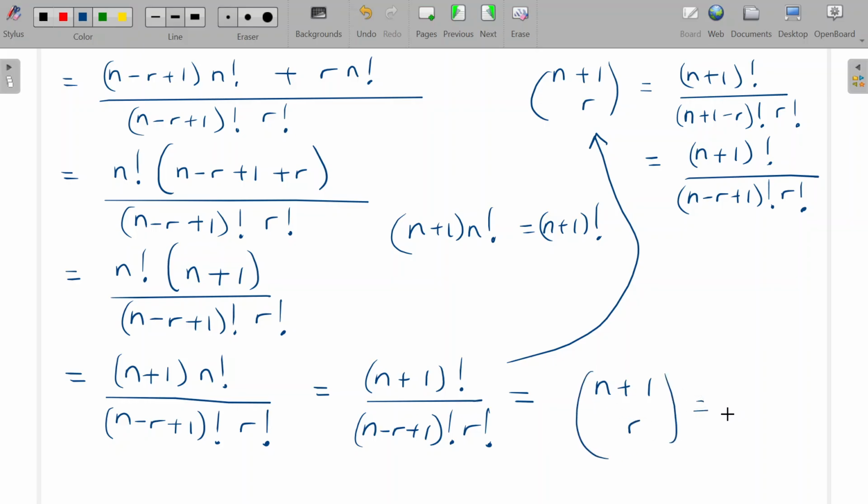And it is equivalent to what? To the right hand side. Hence shown, or hence proven.